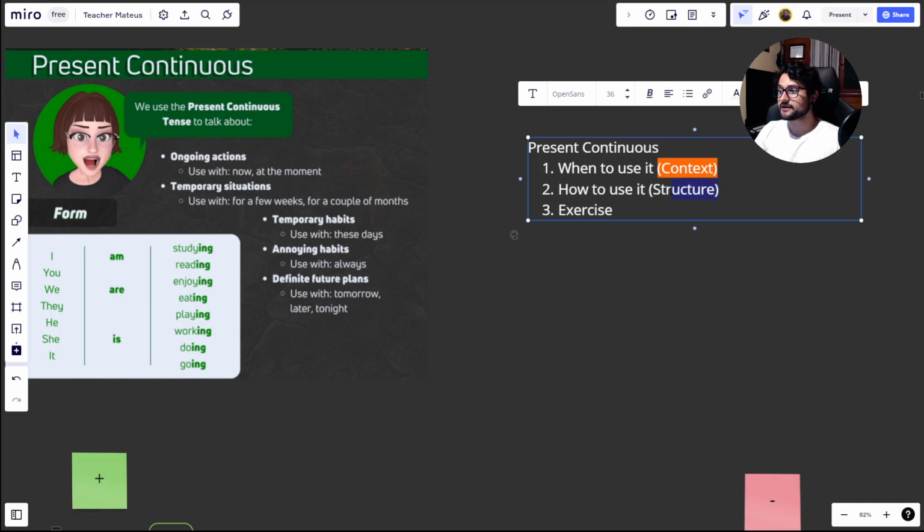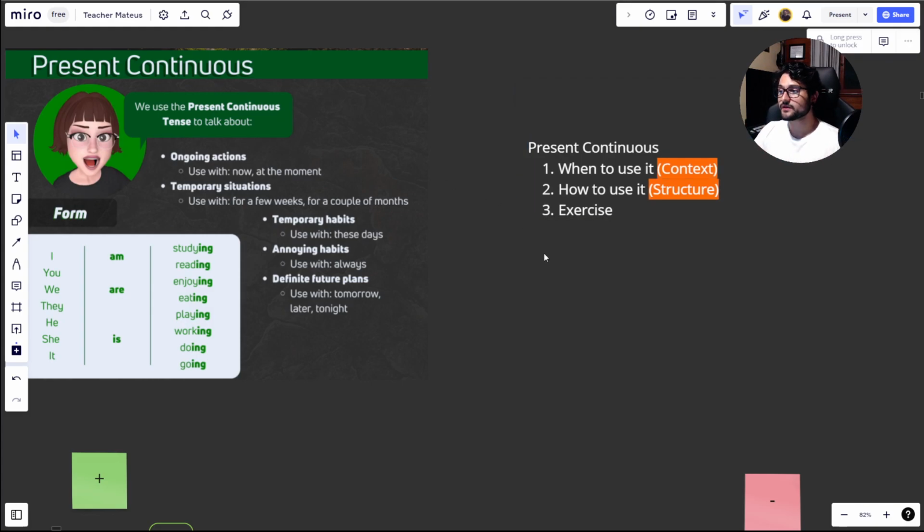When you are learning new information in English, when you are learning a new grammar structure, simple present, simple future, simple past, any topic related with grammar, it is important for you to identify the context, so when that structure is used, and how that structure is used, what auxiliary verbs, what is the formula to build it. So let's get to know this with the present continuous.